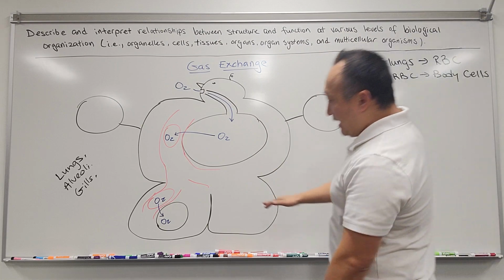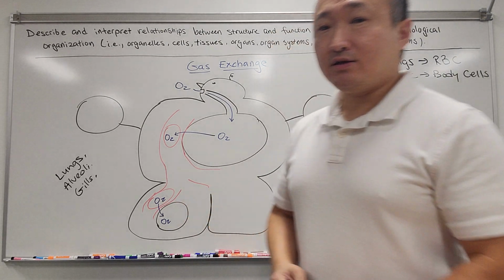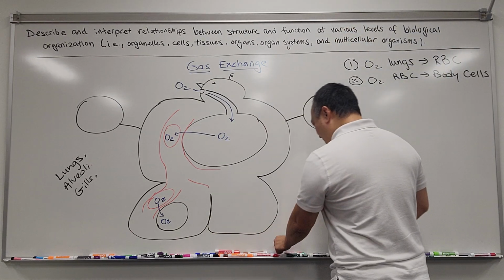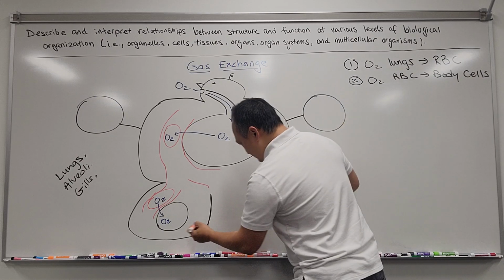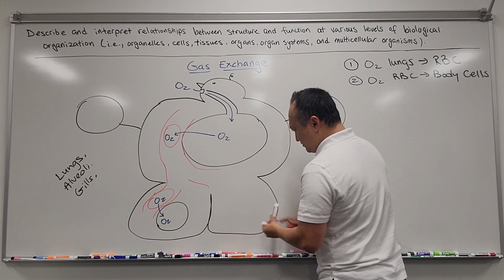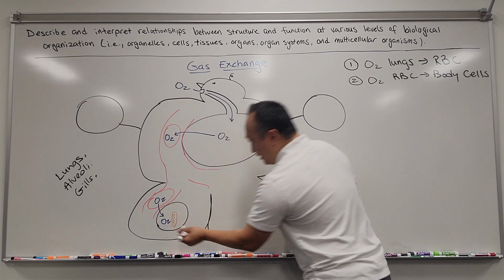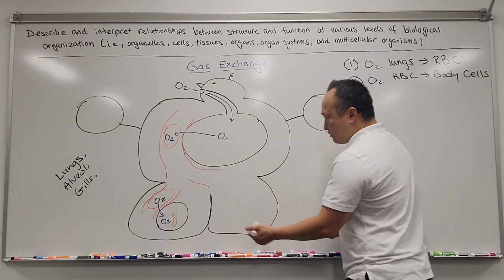Well, now the oxygen is there. It's going to get used in cellular respiration to make energy. But that process is also going to produce, so there's your mitochondria. So that's where cellular respiration takes place.